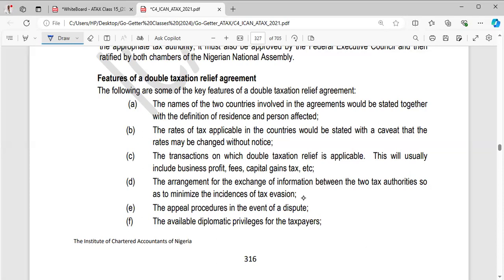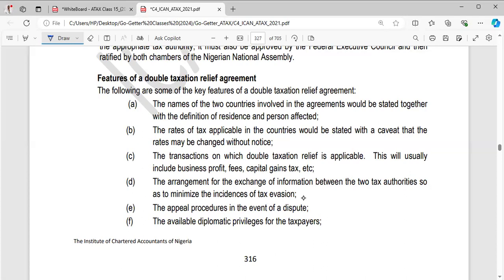Or if Nigeria reduces the tax rate to 25%, it will still take effect that way because it has been changed. The transactions on which double taxation relief is applicable will be stated. This will usually be business profit, fees, capital gains tax, personal income tax, and all that.